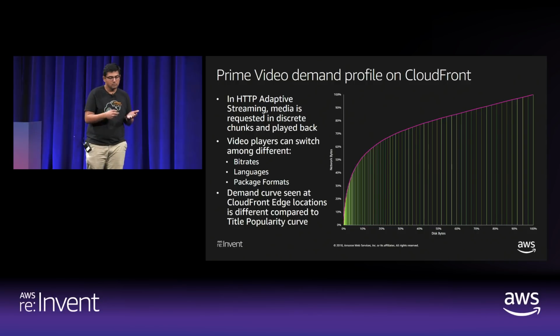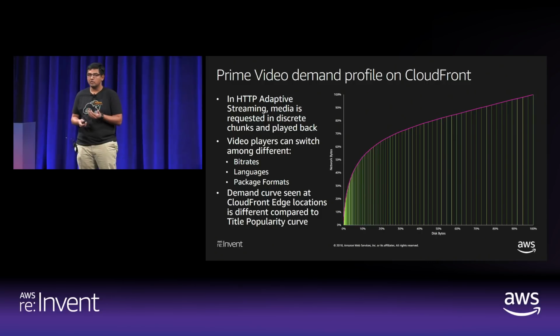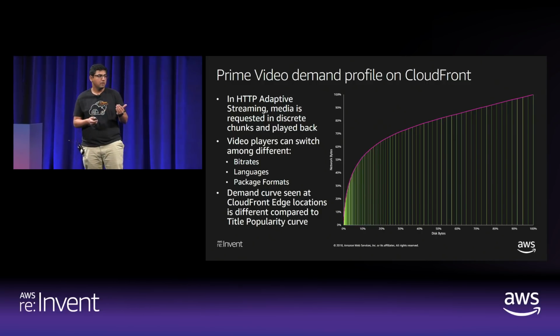And so this demand curve is affected by how many variants there are of the different titles that are present, as well as what is actually requested by the different players in terms of the manifest that is handed out to them.